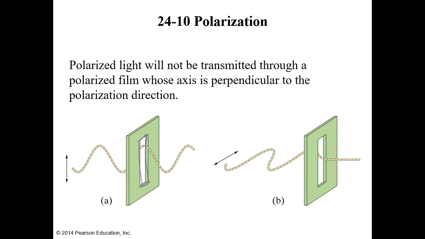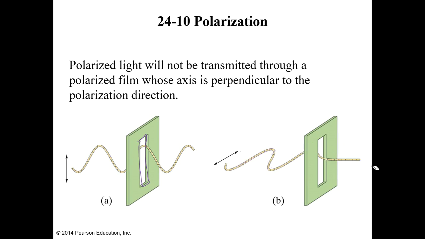However, if you have a horizontally oriented or horizontally polarized wave, then that's going side to side. Then when it hits this vertically oriented gap, it runs into the sides of the gap, and it kills the wave, and you get no wave at all on the other side.